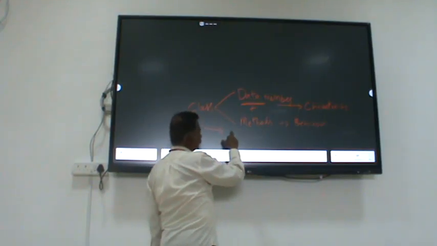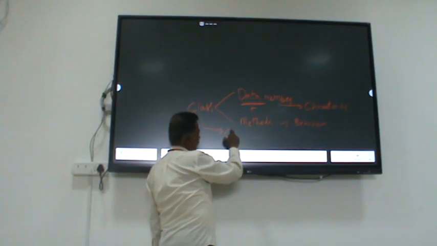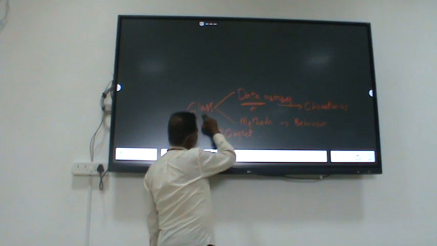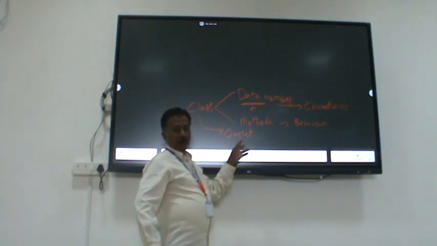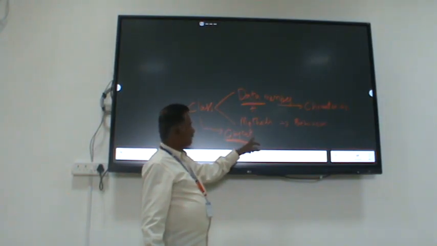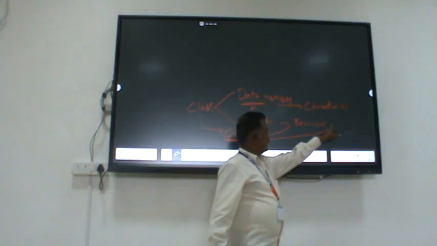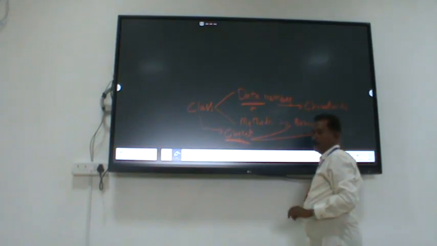Because we need to store data in objects. So after we create a class, we create object instances. These object instances will have only these two things: characteristics of that particular object and behavior of that particular object.